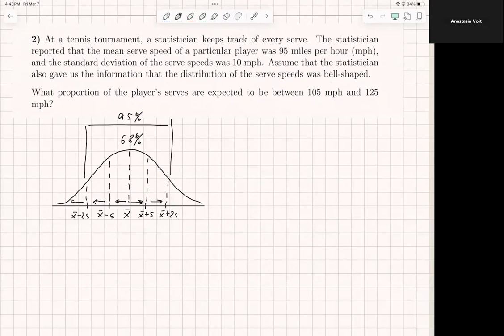And if we again move one more step, or 10 miles per hour, to the left and to the right, then this will cover 3 standard deviations away. Let me write that at the bottom. That would be 99.7% of the whole data, right?